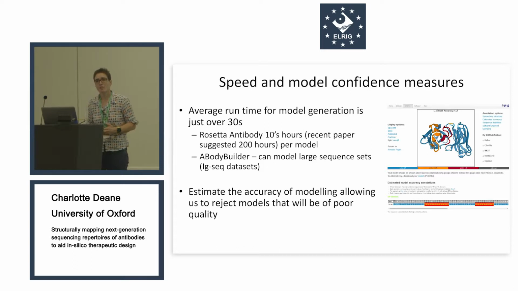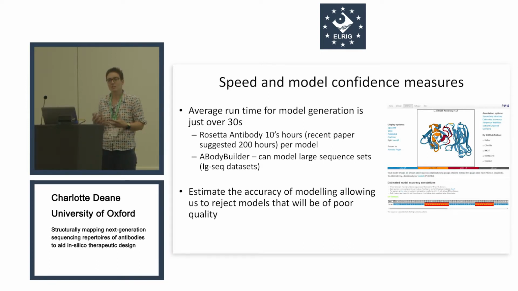The second part of this, which was a key step we wanted to put in, is we estimate the accuracy of modeling. If you're only interested in an individual antibody, that's not that interesting, because you just want a model of that antibody, and if it comes out as a poor model, there's not a lot you can do about it. You're going to use it as best you can, but you'll just go, well, it's a bit bad, but I wish it was better.